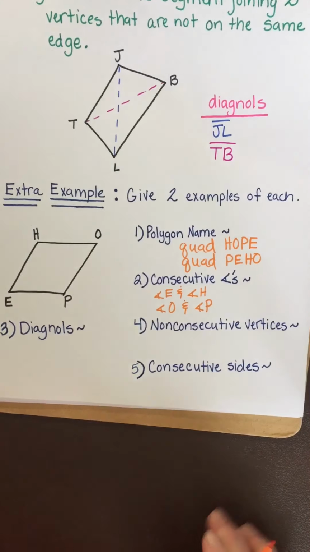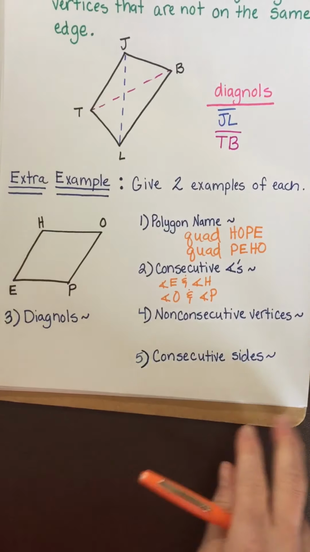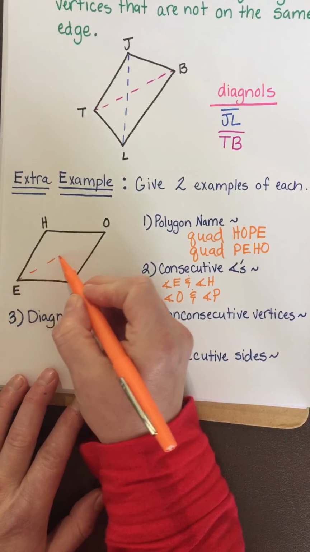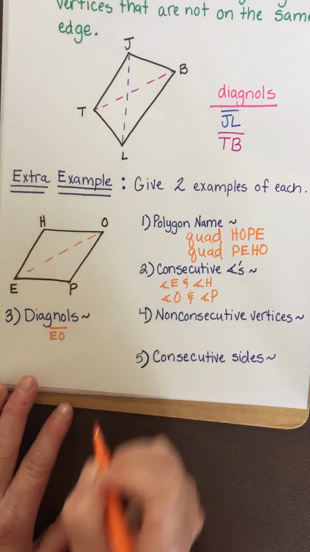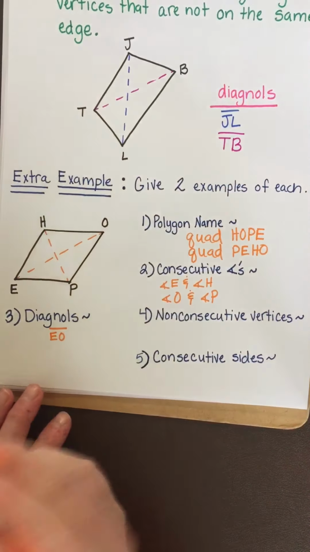And there's more. That's just two examples. All right, what are the diagonals of this quadrilateral? One of them would be EO or OE. And the other one would be HP or PH.